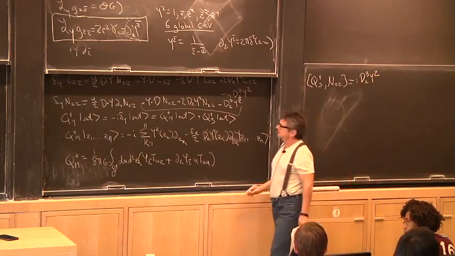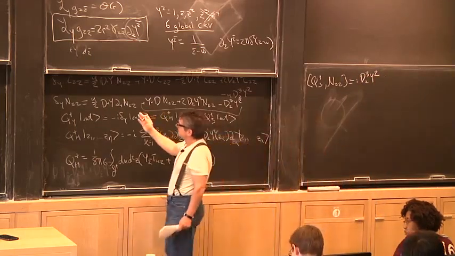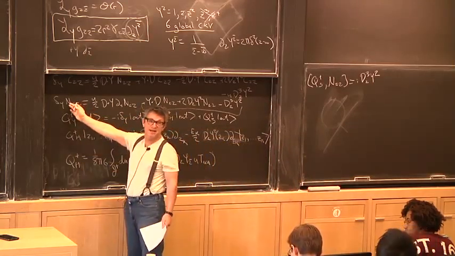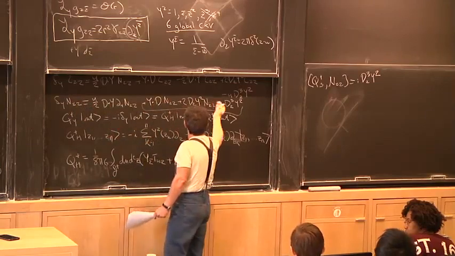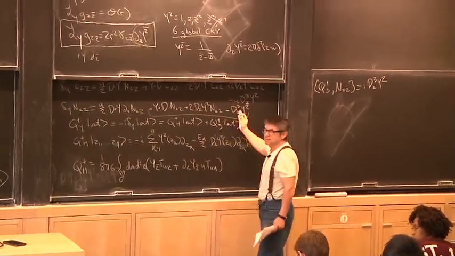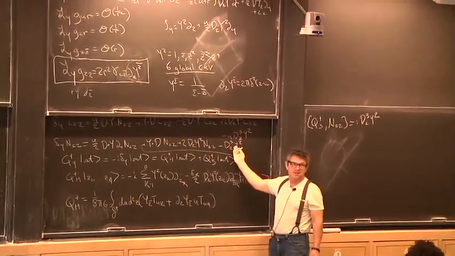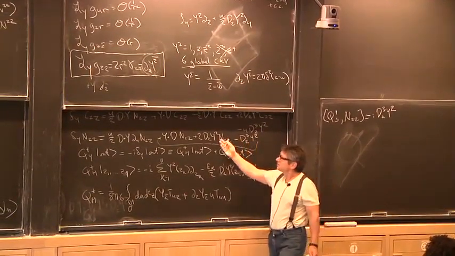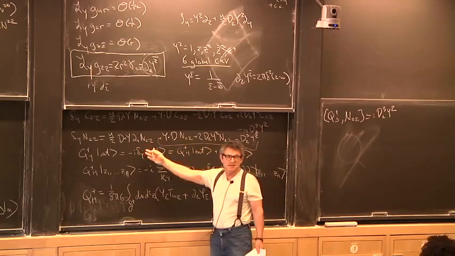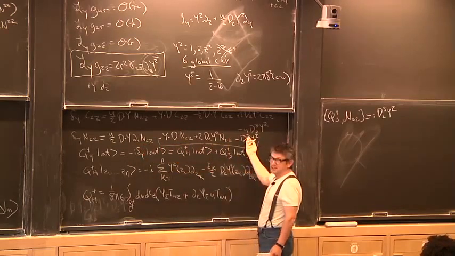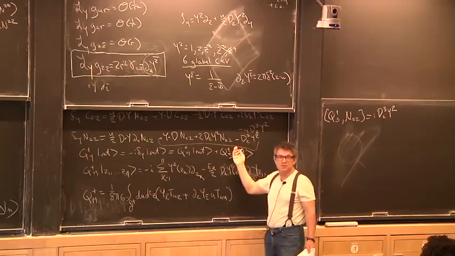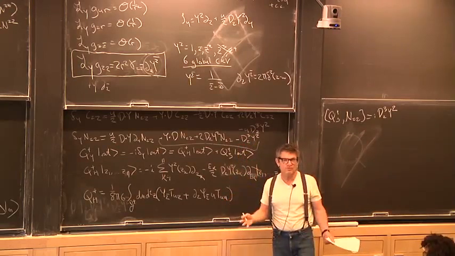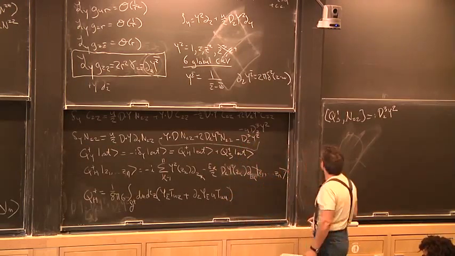Because the commutator of the total Q with N has to give us this. And the only way it's going to give us this is an inhomogeneous term. This isn't an operator. These other terms are linear in N. So in order to get a term like this, we need to have a term in the charge which is linear in the fields. That's going to be the soft term, right?